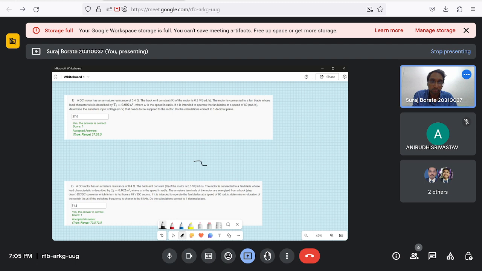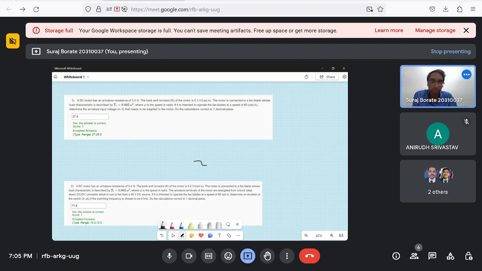How do we find the current? What is the formula? So the current will be torque divided by the constant, 7.2 divided by 0.3. What is this value? 24, right?